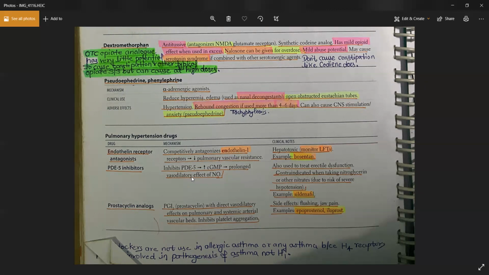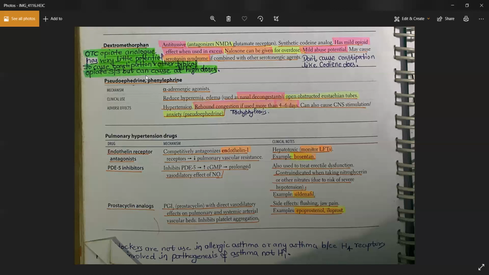How does this drug work? What is the function of this drug? See this pseudoephedrine?